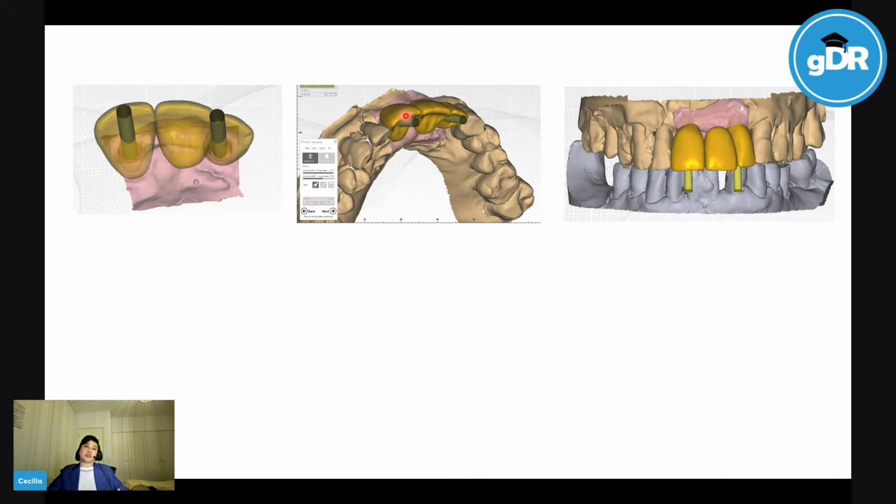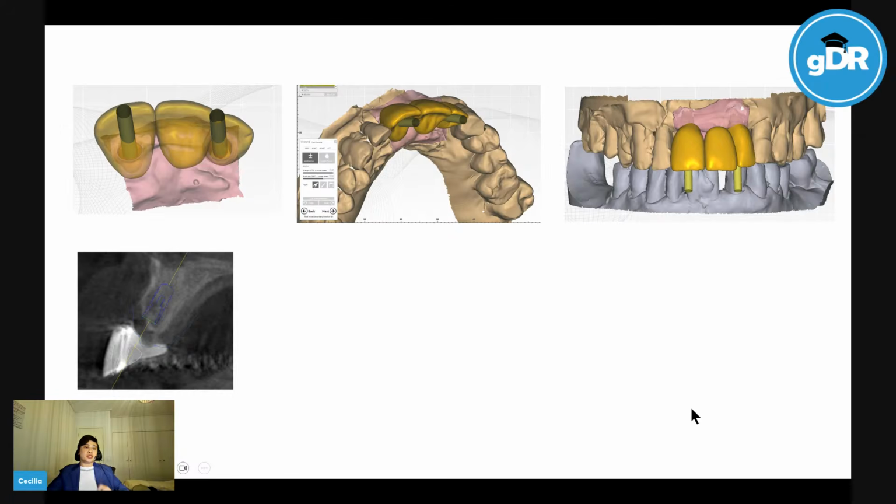Then restoration is difficult. You might have to cement the implant crown onto your implant, and that's difficult because it's not retrievable. You can't take it off if there are any complications you have to fix.